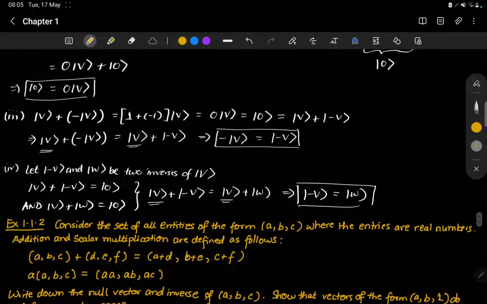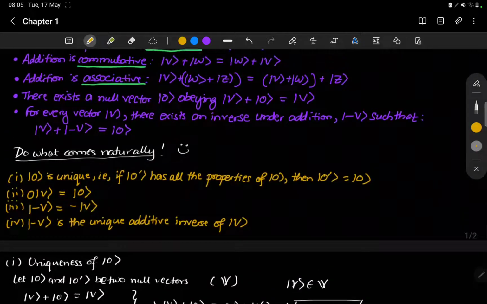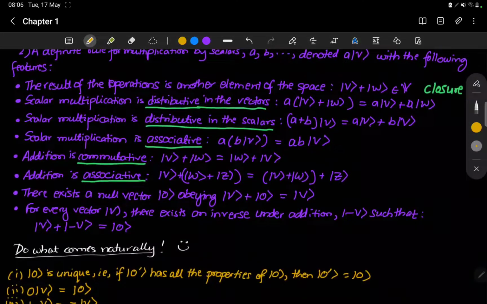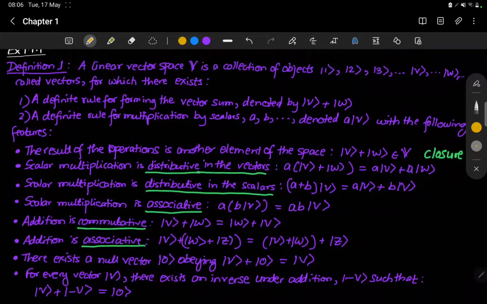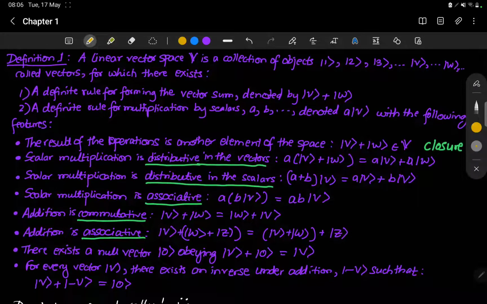Just to remind you, we will just look at what those 8 axioms were. For a linear vector space, we need certain entities called vectors, and then we defined the vector sum for it, and then we define a scalar multiplication for it. And then we have these following 8 axioms.